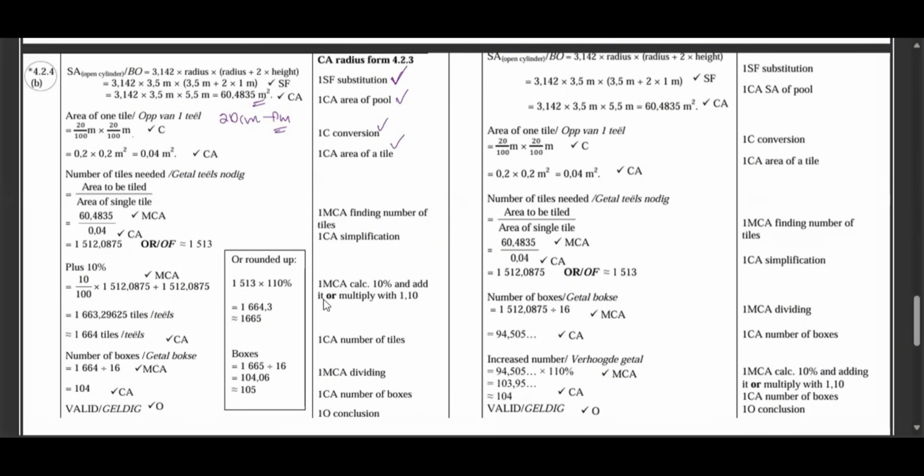So, number of tiles: area to be covered divided by the area of only one tile. You see that? That's what we did. We came down here and got the answer as this much. For them they used this, which is not bad.